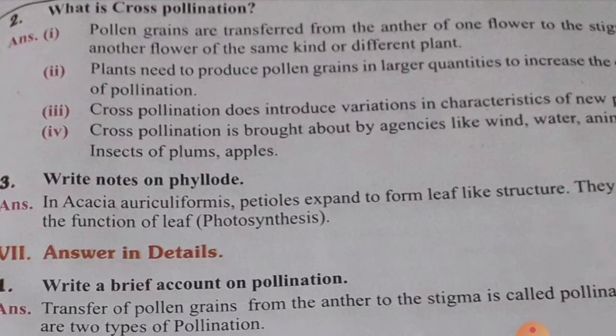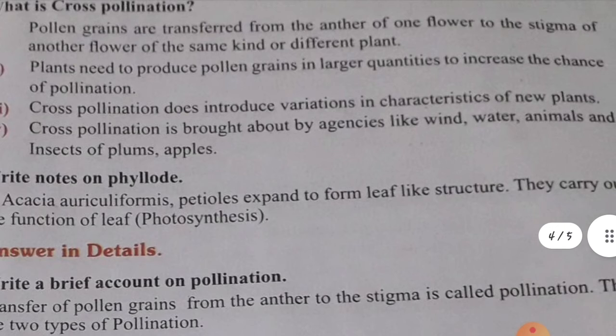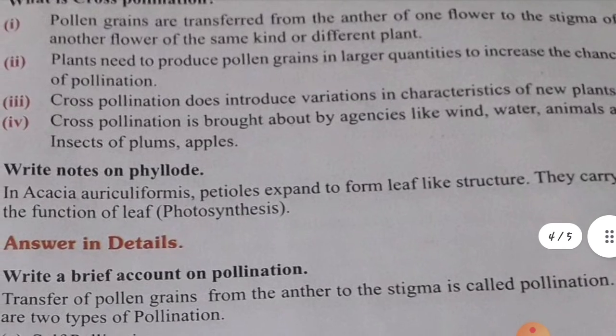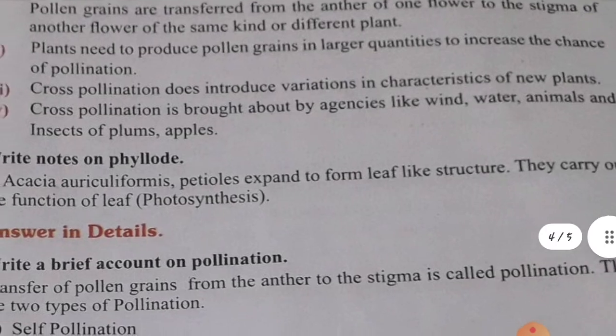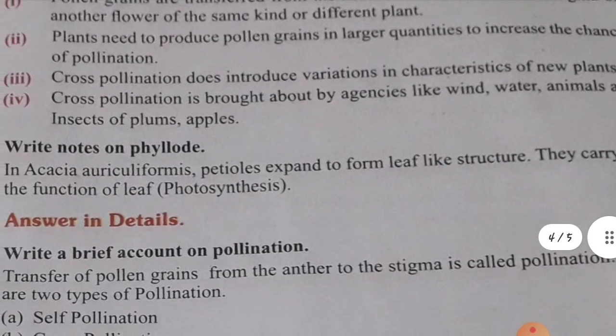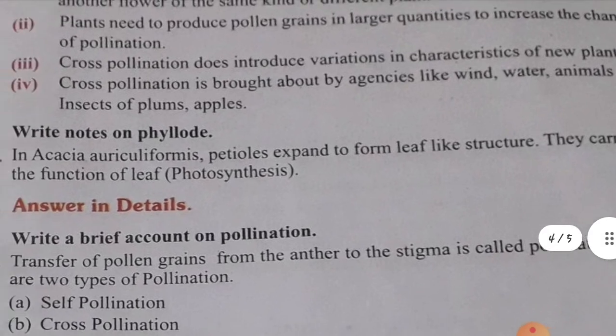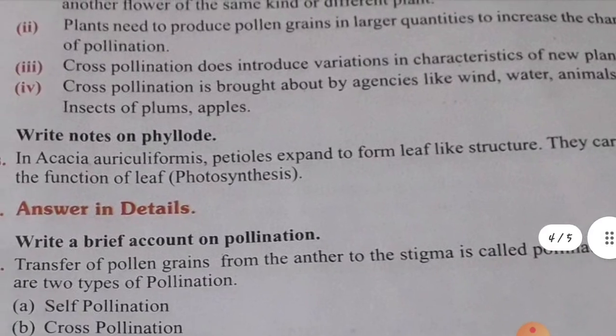And plants need to produce pollen grains in large quantities, children, to increase the chance of pollination. Third point, cross-pollination introduces variations in characters of new plants. It will be producing new saplings. And fourth point, cross-pollination is brought about by agencies like wind, water, animals and insects, for example plums and apples.